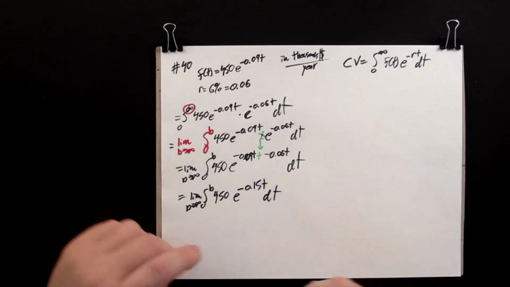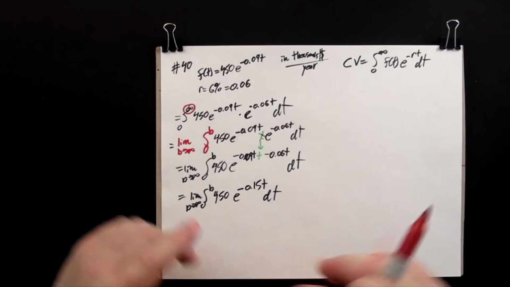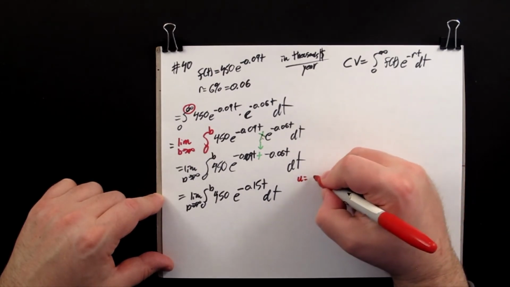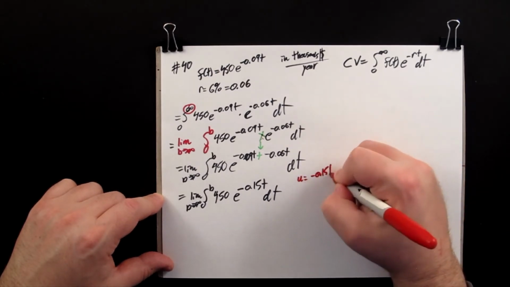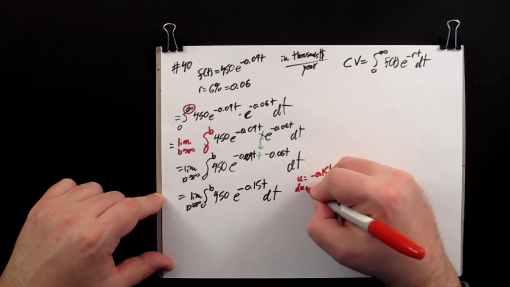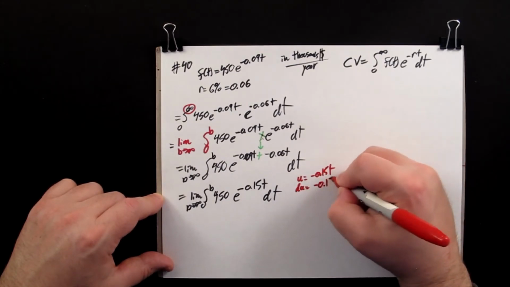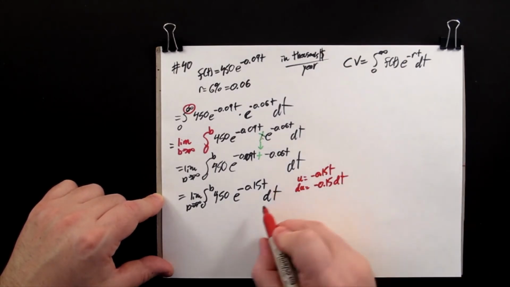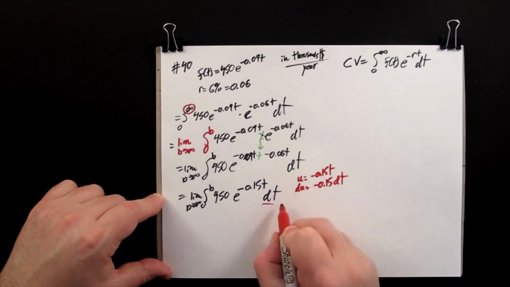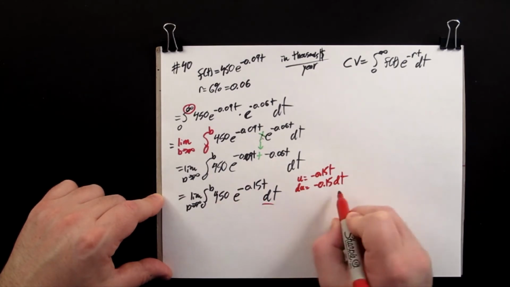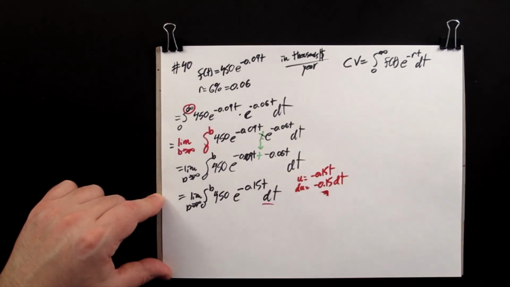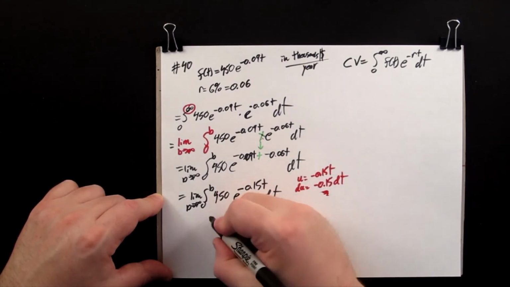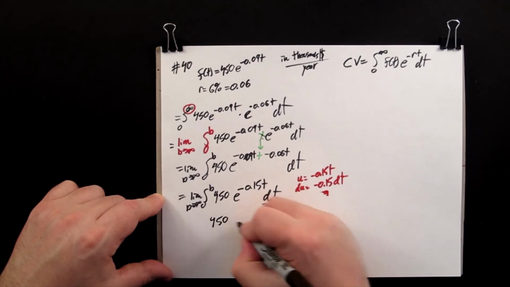So using a u sub to solve for this, it's a relatively straightforward u sub. u is negative 0.15 t. Just take the derivative, so that's negative 0.15 dt. We need this right coefficient in front of dt, so we have our u there. Let's write this so there's a little more space.